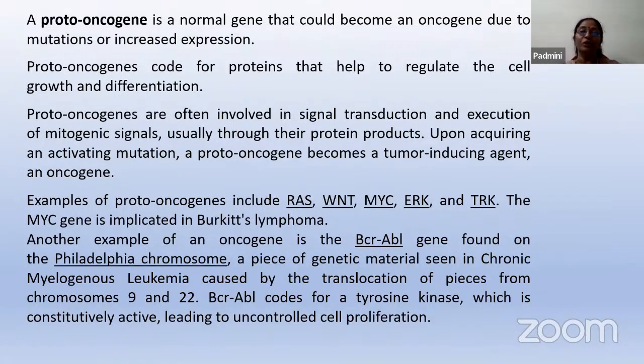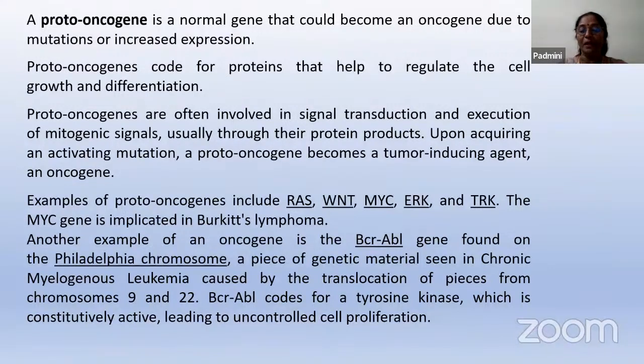Remember when we were talking about the chromosomal abnormalities and syndromes, there we talked about the Philadelphia chromosome. That is the translocation between chromosome number 9 and 22, which leads to myelogenous leukemia. BCR-ABL codes for a tyrosine kinase which is constitutively active, leading to uncontrolled cell proliferation.